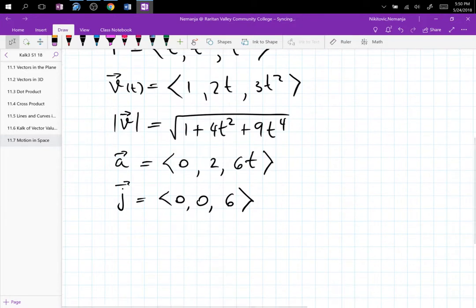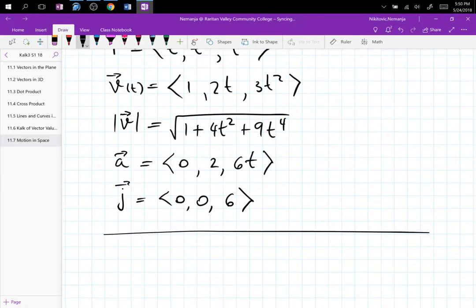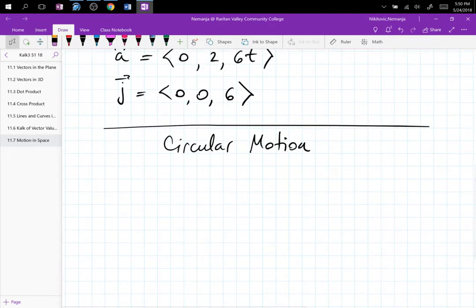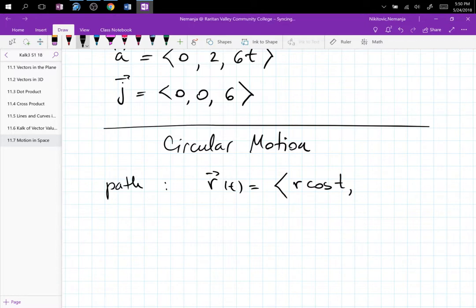Now I am going to jump to circular motion. And in the circular motion, we are going to use our parametrization for the circle. We have the path, which is the circle, is going to be r of t is equal to r cosine of t and r sine of t.